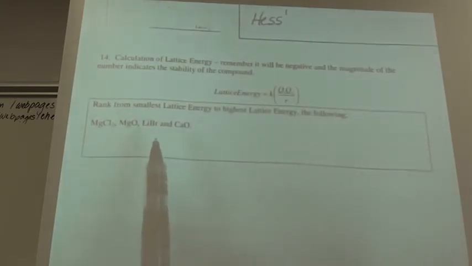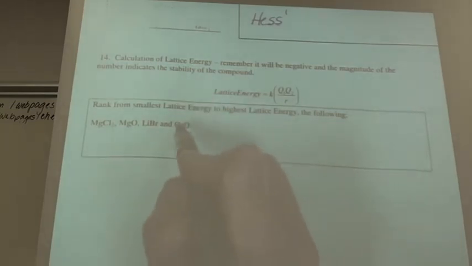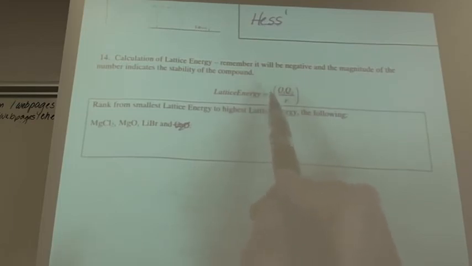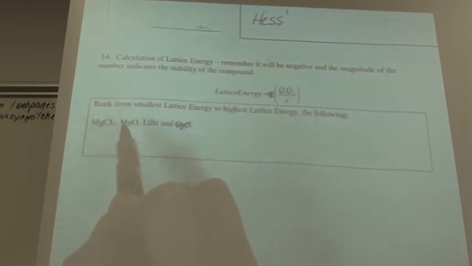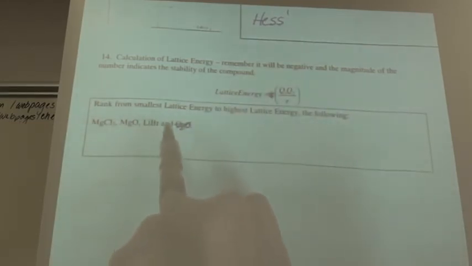Now, people will ask, oh, I don't want to do this one, so we'll just do 3. It takes too long. Rank from the smallest lattice energy to the highest lattice energy for the following. Well, the lattice energy is equal to a constant. Let's recall the constant will be the same for all 3 of these, so we can just say the difference in the lattice energy will have to do with the charges of the ions over the radius of the ion.